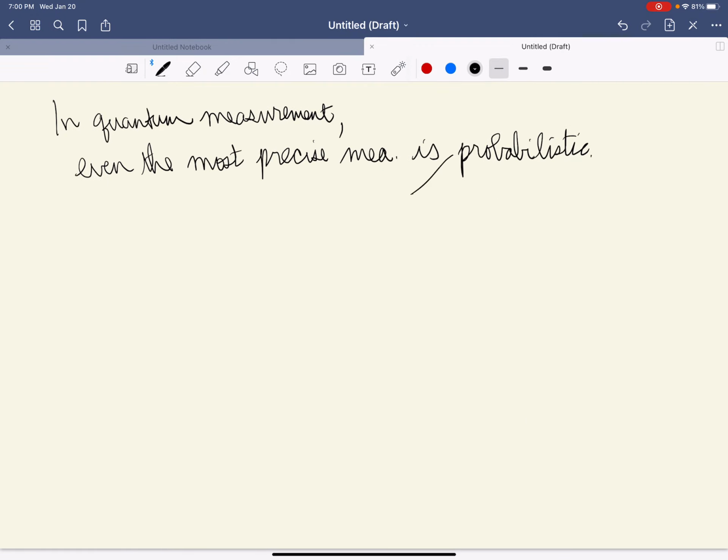Maybe I should say it's inherently probabilistic. And there's no way you can completely remove this uncertainty in just what kind of outcome you would expect in a given measurement.